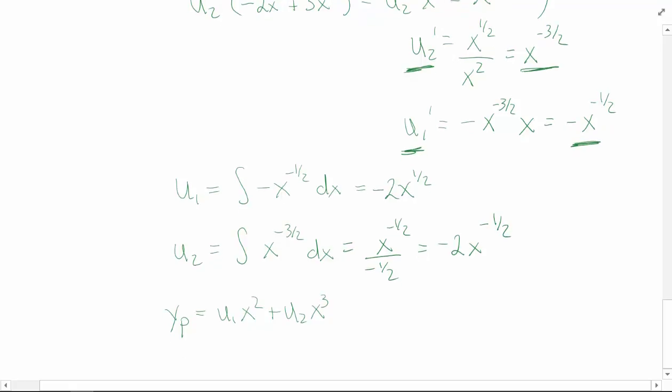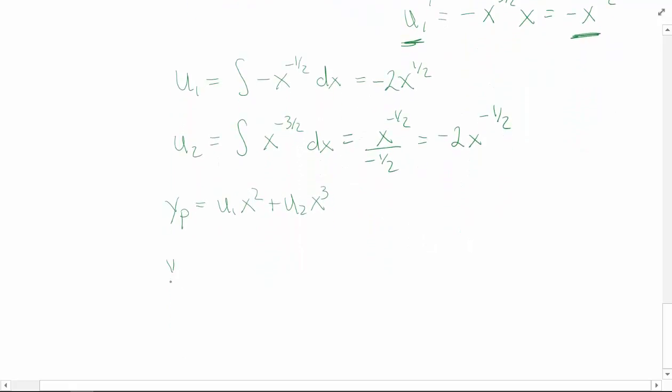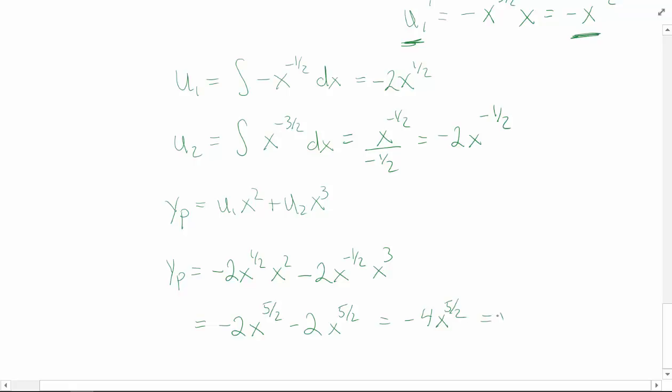Well, now I know my u1 and my u2, so my particular solution looks like negative 2x to the 1/2 times x squared plus negative 2x to the negative 1/2 times x cubed, which gives me negative 2x to the 5/2 minus 2x to the 5/2, which is negative 4x to the 5/2. So again, this was my particular solution.